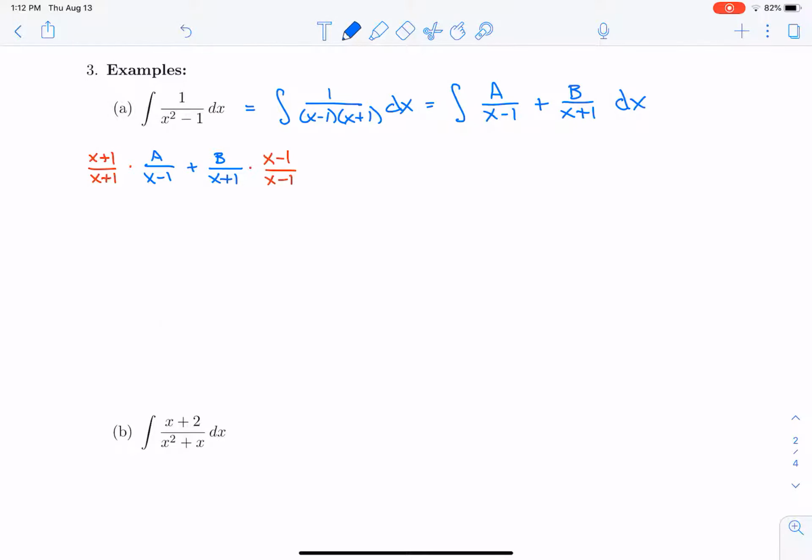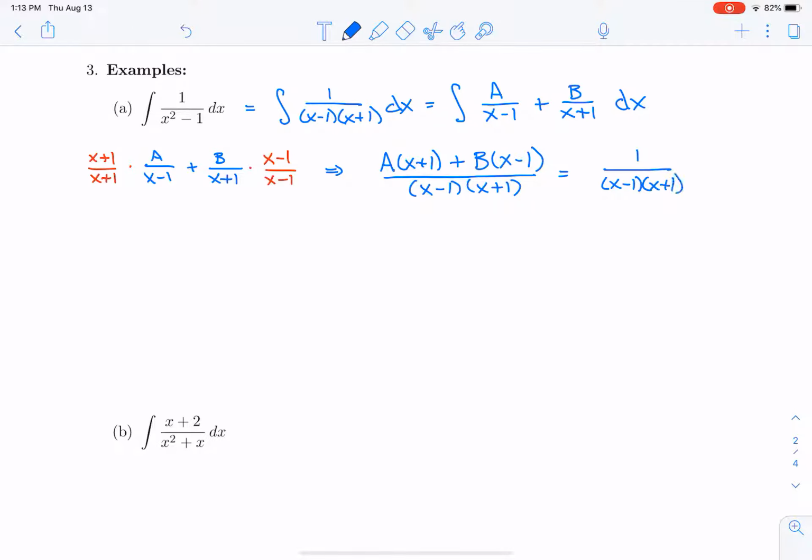And so what would happen here is I would get that A times x plus 1 plus B times x minus 1 would be the numerator of my combined fraction, which has x minus 1 times x plus 1 in the denominator. But I know that that's supposed to equal 1 over x minus 1 times x plus 1.